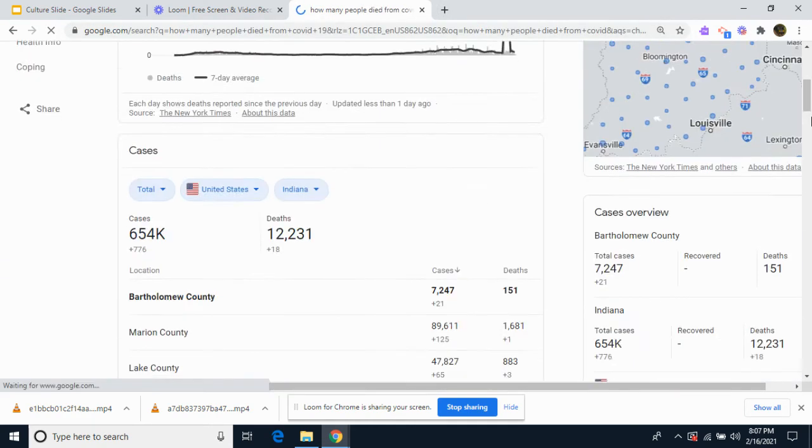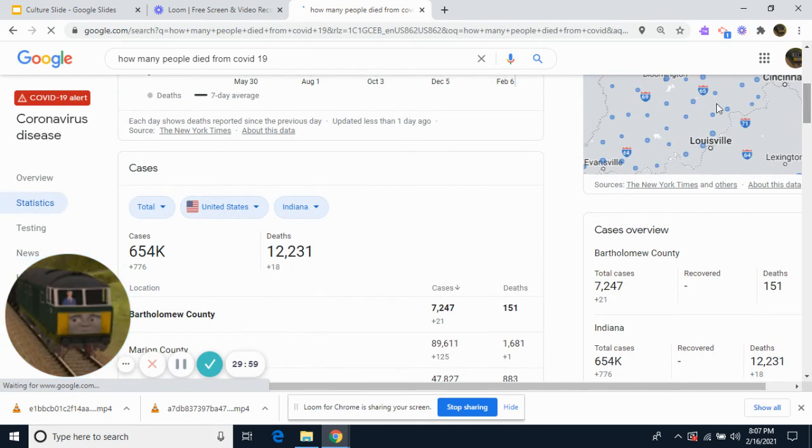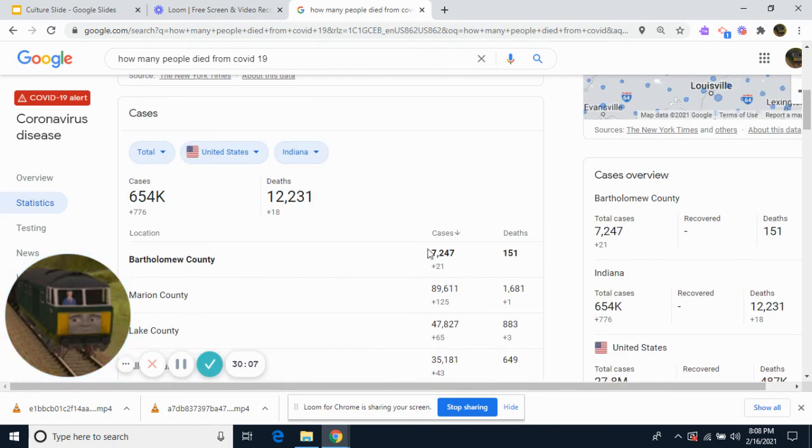The number of people who have died from COVID is 12,231. In my area, Bartholomew County is around 151 deaths, with total cases of 7,247.